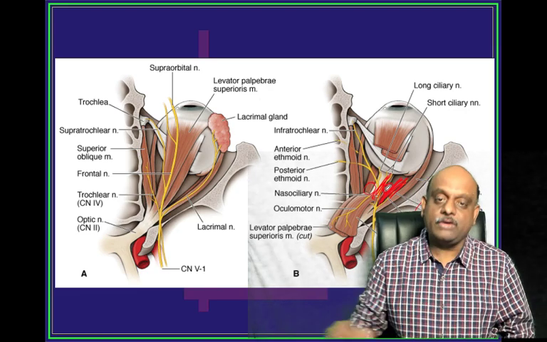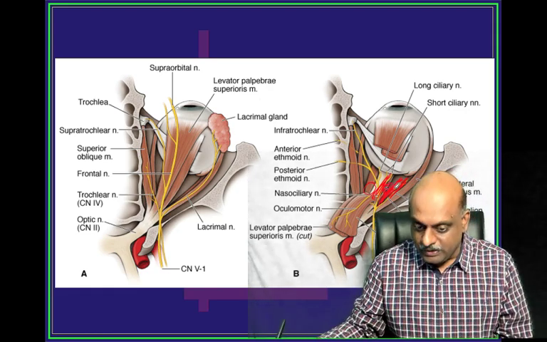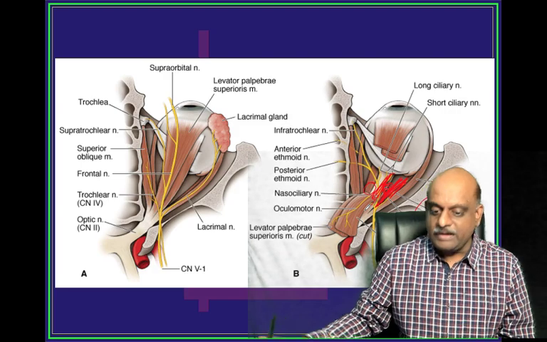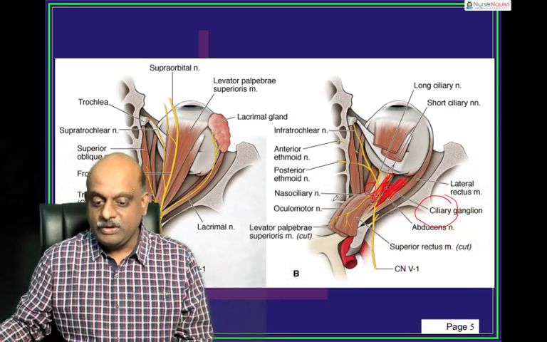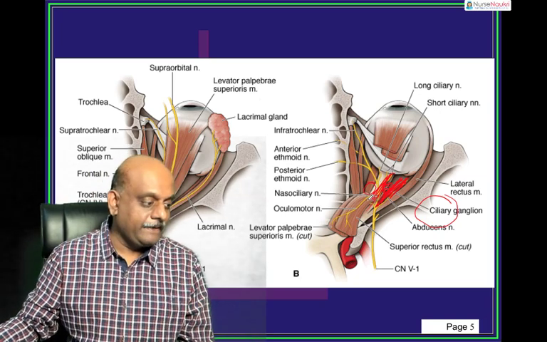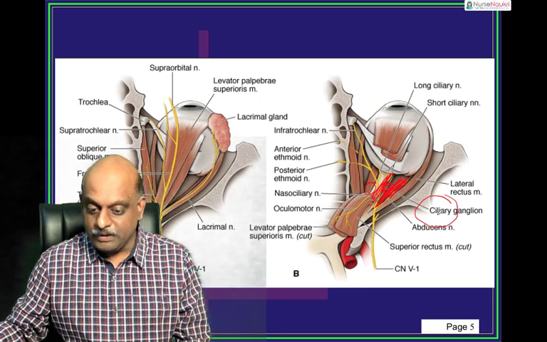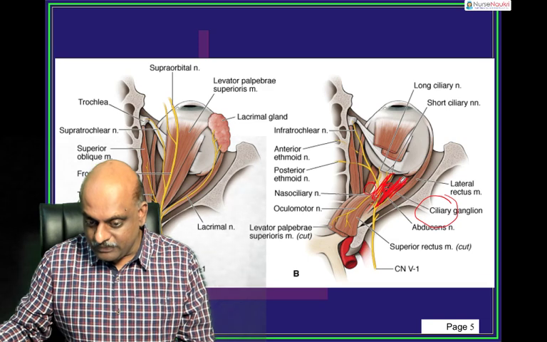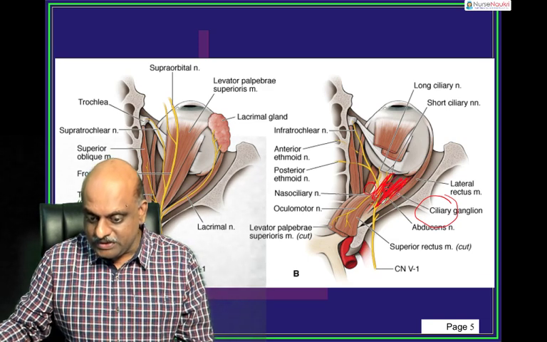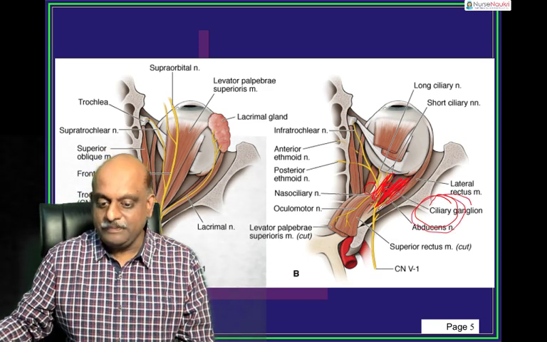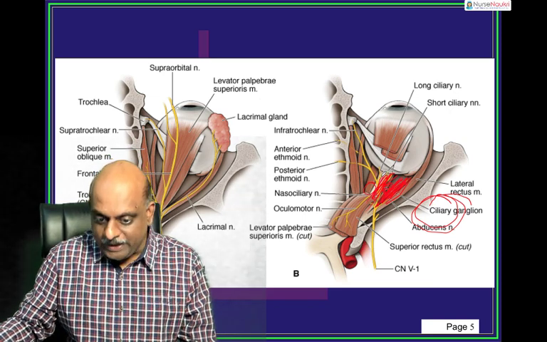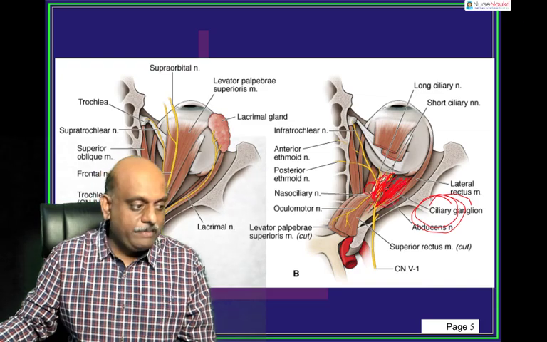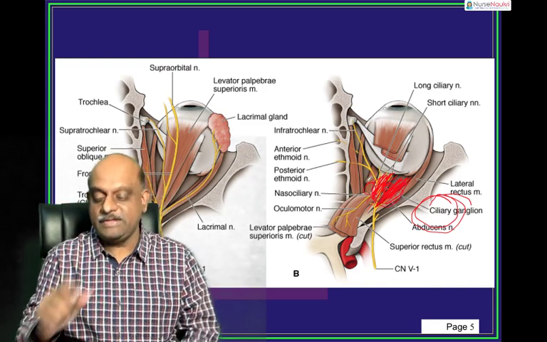At the apex of the orbit between lateral rectus and, sorry, I'll try to come that side. So you can see this one is the ciliary ganglion, and the lateral rectus, and this is the optic nerve. So in दोनों के बीच में है the ciliary ganglion.